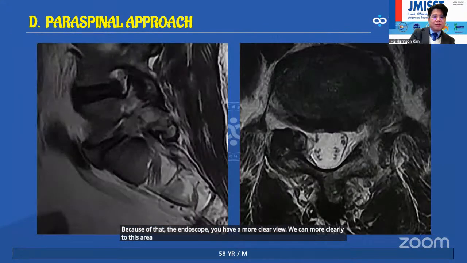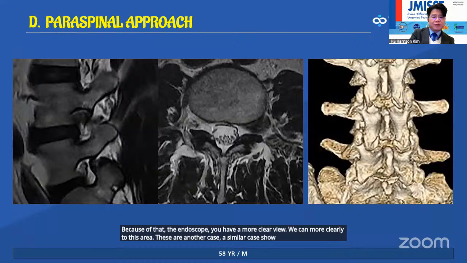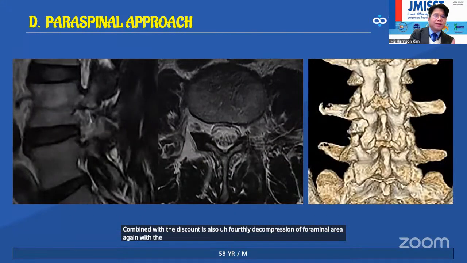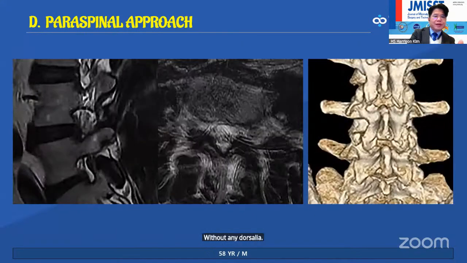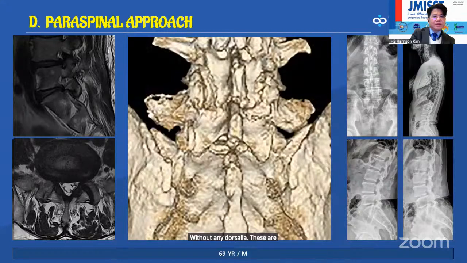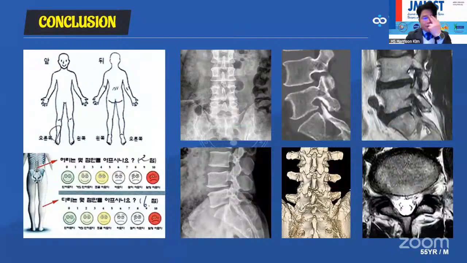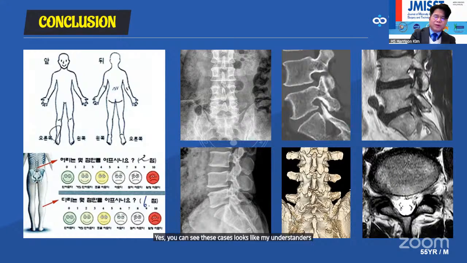This other case is similar, shown this way. This case is combined with an extraforaminal disc as well. First, decompression of the foraminal area, then we remove the disc more safely, without touching the dorsal ganglion. This other case is also similar. You can see this case looks like mild stenosis with a chronic disc.